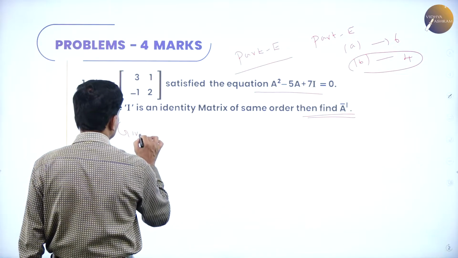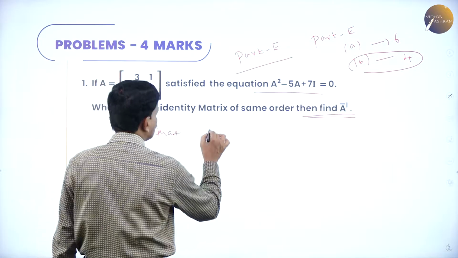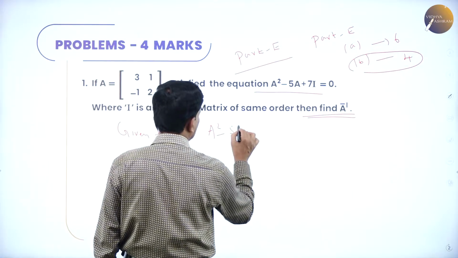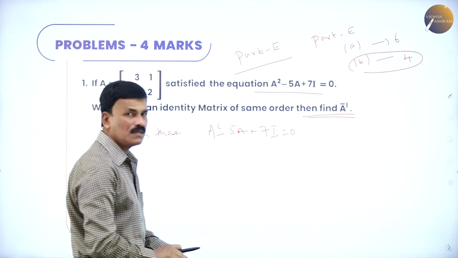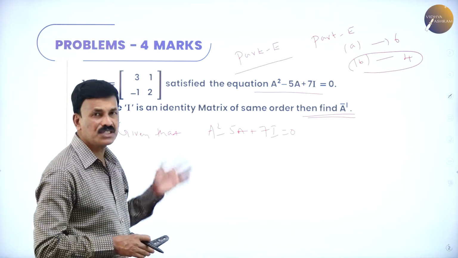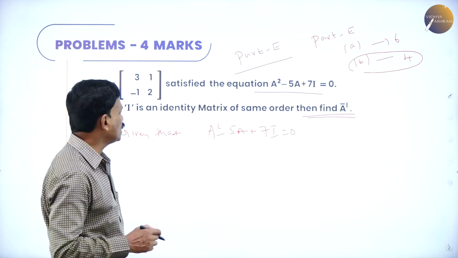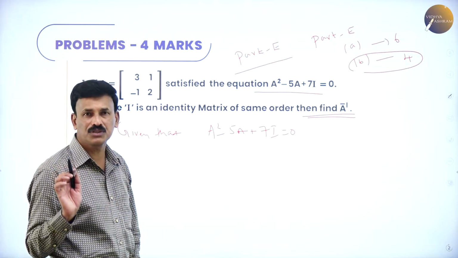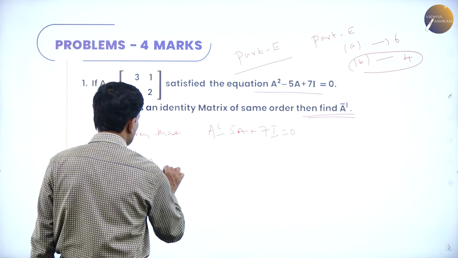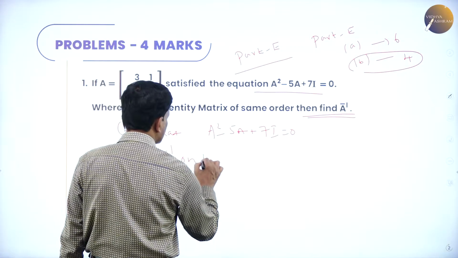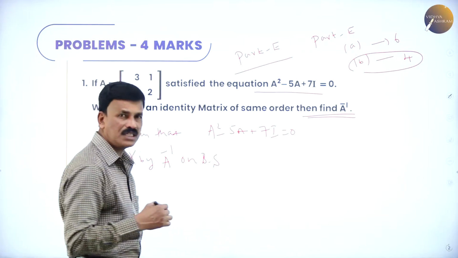Given equation: A square minus 5A plus 7I is equal to 0. That means the given matrix A satisfies this equation, already given. Now just multiply by A inverse on both sides, either left side or right side.